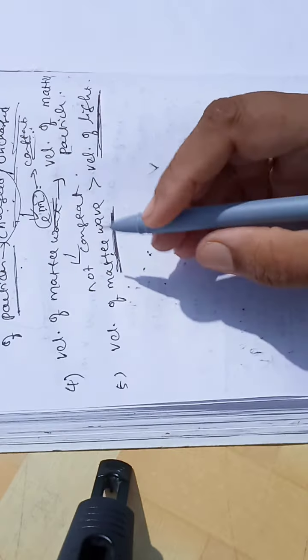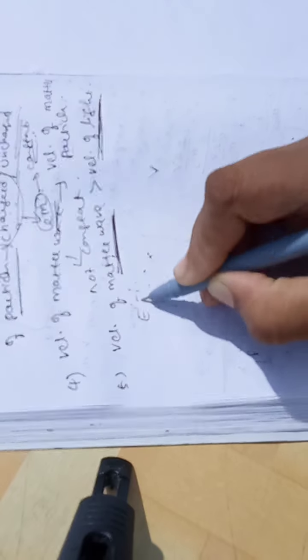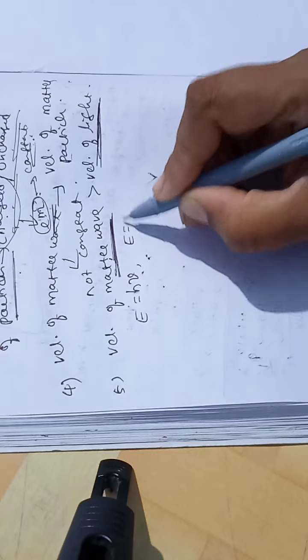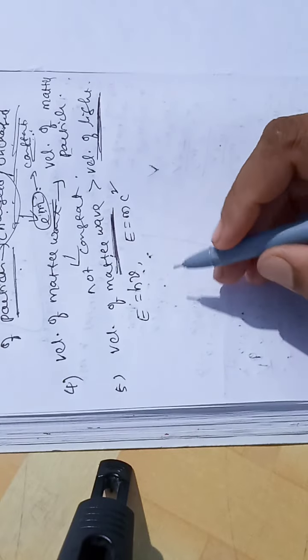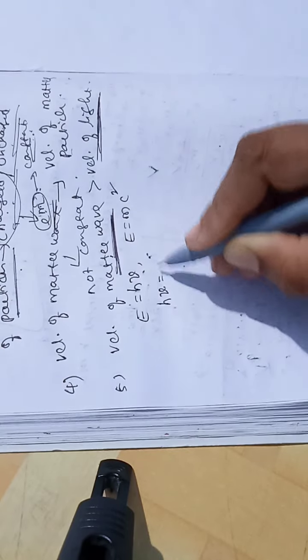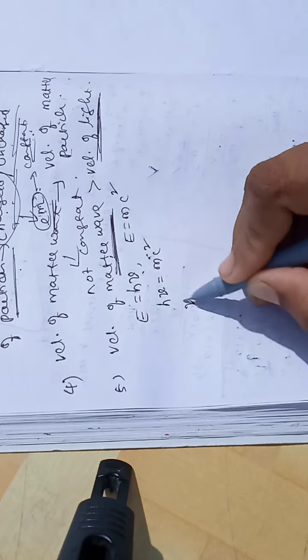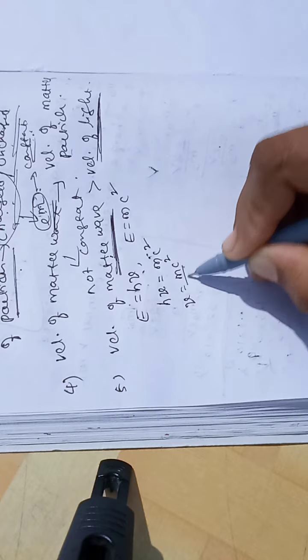For that, we know that the energy of a photon is h nu, and Einstein's theory says E equals mc square. Comparing these two, we get h nu equals mc square, or nu equals mc square by h.